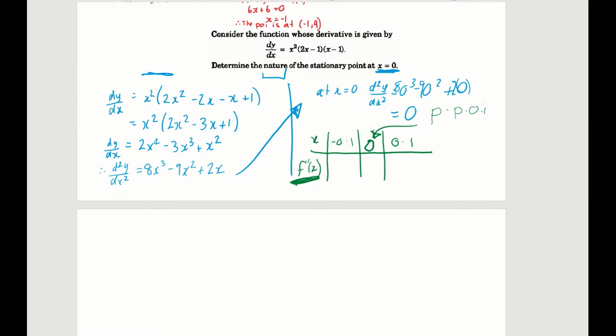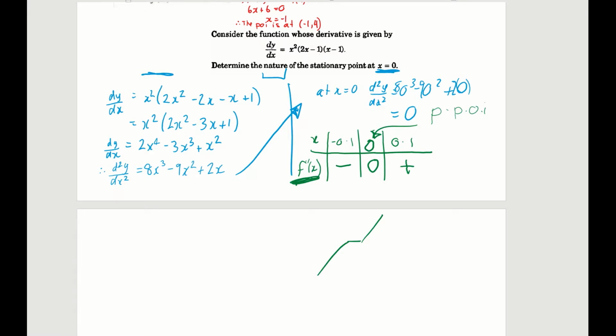I know that when I sub 0 into my second derivative, like I just did here in blue, I get 0. So I know that already. It's just whether it's a positive or a negative number. So sub it into your calculator and see what you get. If I have done that correctly using just my phone calculator, which is a bit dodgy, you get a negative number, a 0, obviously, then a positive number.